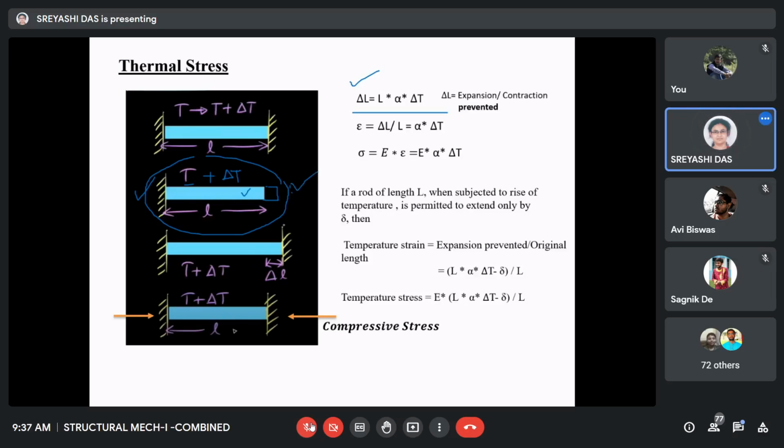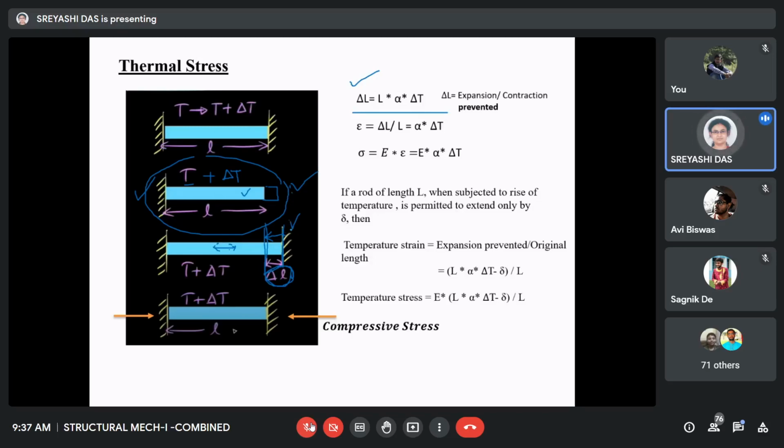But if we try to restrain that end, if we try to restrict this movement by providing a support here, that means this support is providing an opposite direction force such that no elongation occurs. So in that case, a thermal stress is produced here.